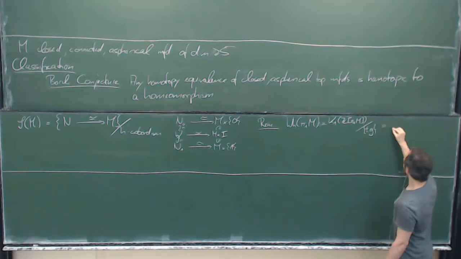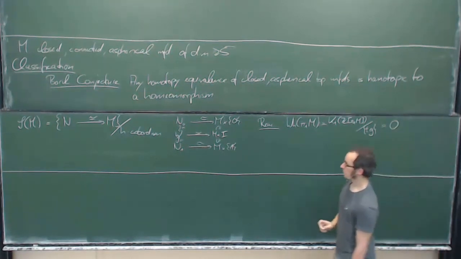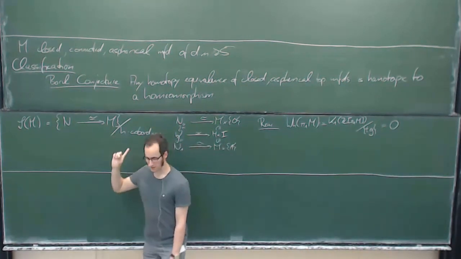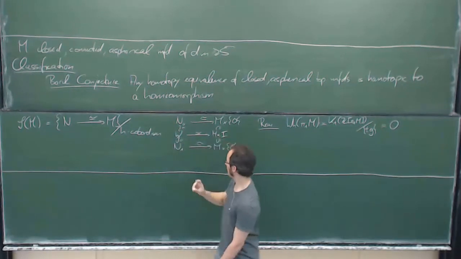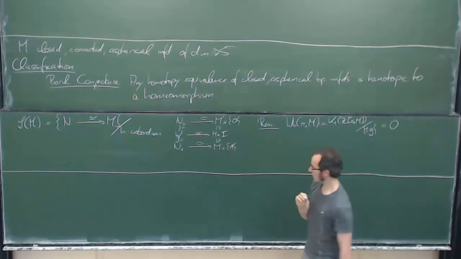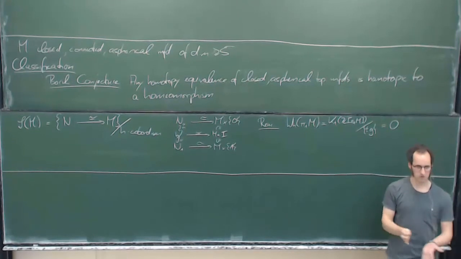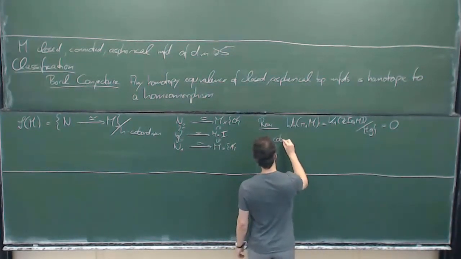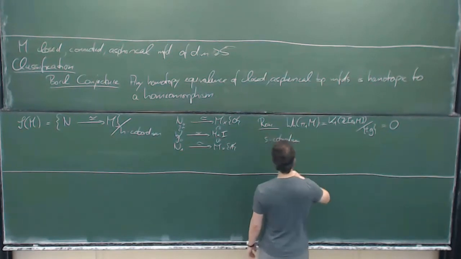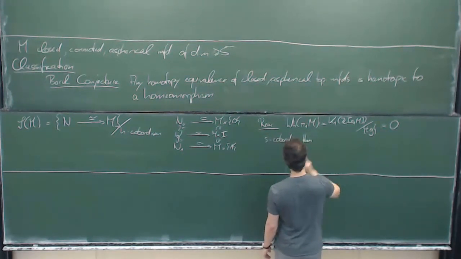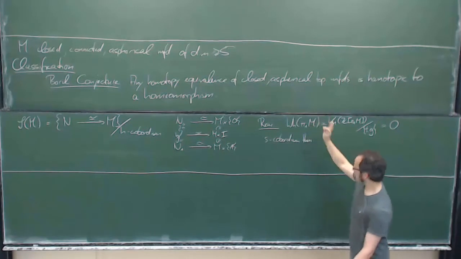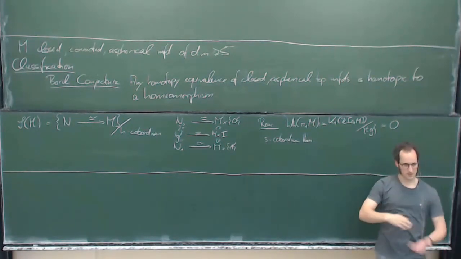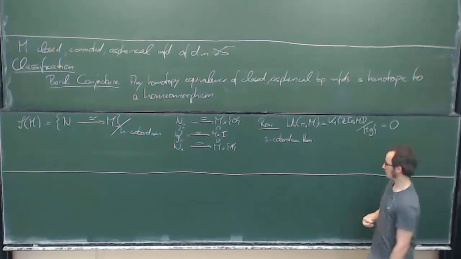If we assume that this guy is trivial, then we know that any homotopy equivalence is simple. In particular, all these are simple. And then there's another theorem of geometric topology, the s-cobordism theorem, which tells us that any h-cobordism over a manifold with such a fundamental group is in fact trivial, is in fact homeomorphic to a cylinder.